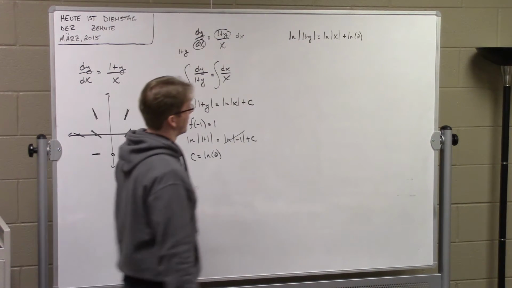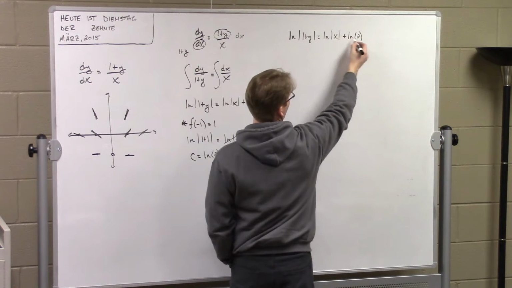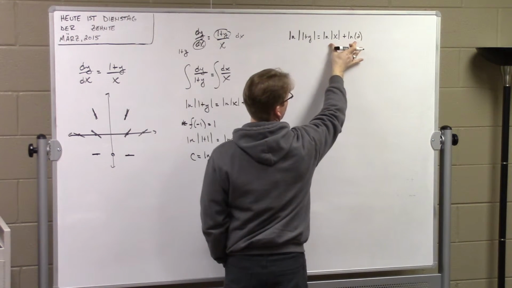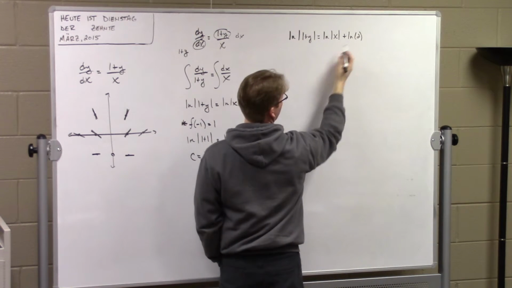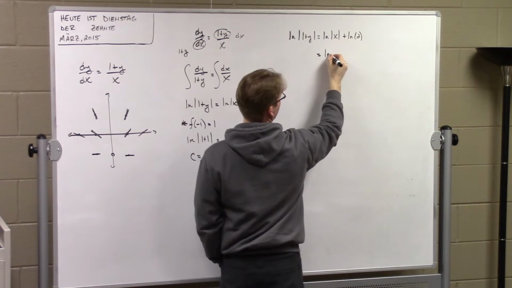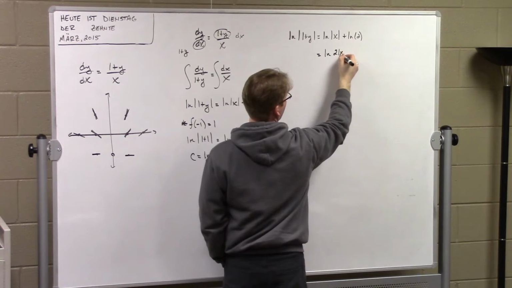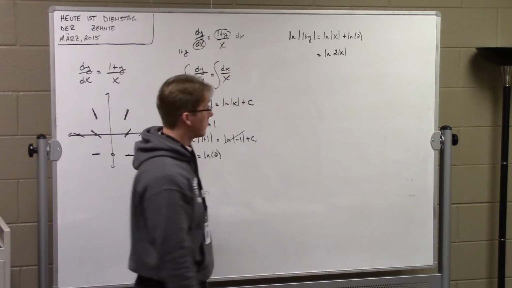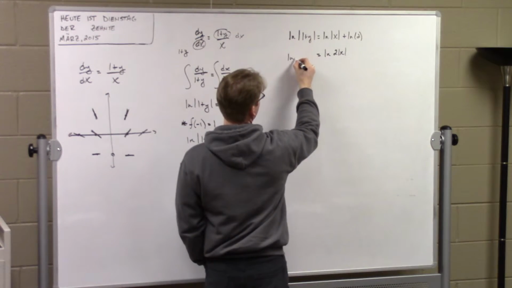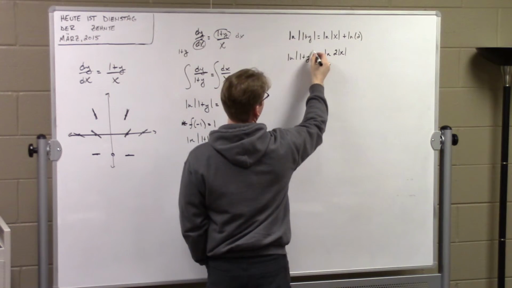I would do this first. Before I get rid of the natural log, I would actually use my log rules and put these two together. If you're adding two of the same log, you can multiply. So this is going to be the natural log of 2 times the absolute value of x, or the absolute value of 2x, however you wanted to do that. And this side is going to be the natural log of the absolute value of 1 plus y.